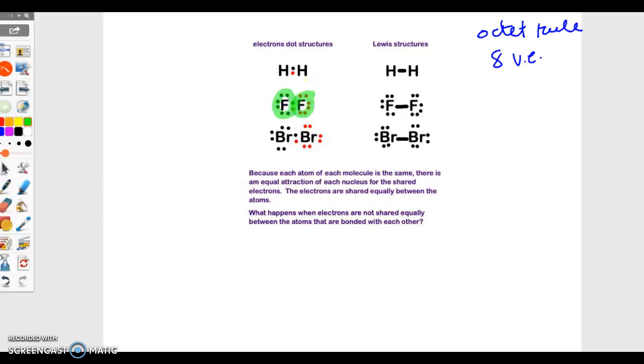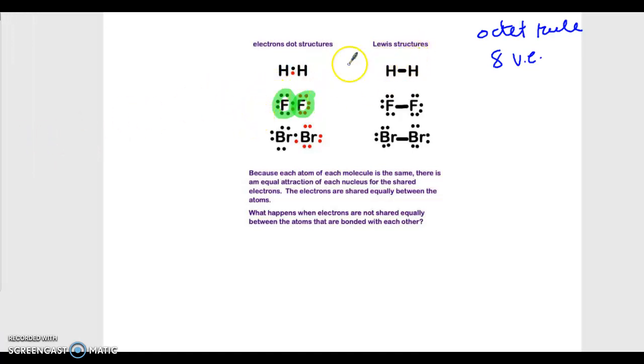That's why and how nonmetal atoms bond to each other, by sharing electrons. Now this is called the dot structure, and you can see why. Each of the electrons is represented as a dot. These expressions, dot structures and Lewis structures, are sometimes used interchangeably, and I do that without thinking.